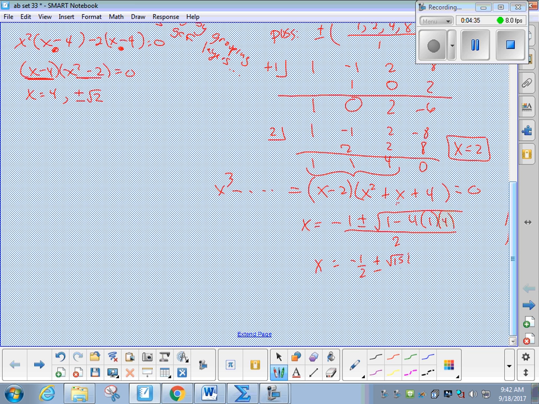Root 15 i over 2. That right there is why you use the quadratic formula, not synthetic division. You are never going to find that by synthetic division. The irrational and imaginary solutions will only be found by getting to a quadratic point and going from there. So your solutions are those three. A third degree cubic should have 3 solutions, and we found them. You follow?